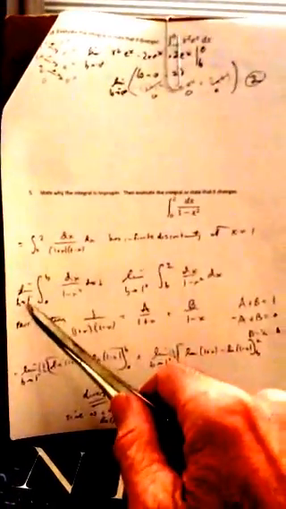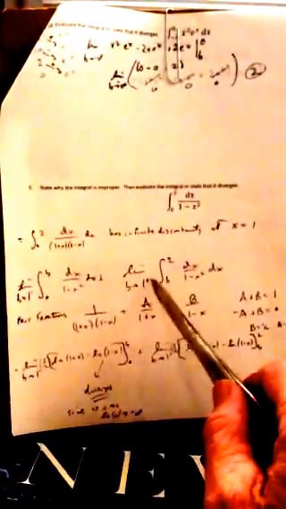One going from 0 to b as b approaches 1 from the minus side of the integrand, and then the second one from b to 2 as b approaches 1 from the plus side. If you look, this covers that interval 0 to 2, but I replace 1 with b here and 1 with b here.